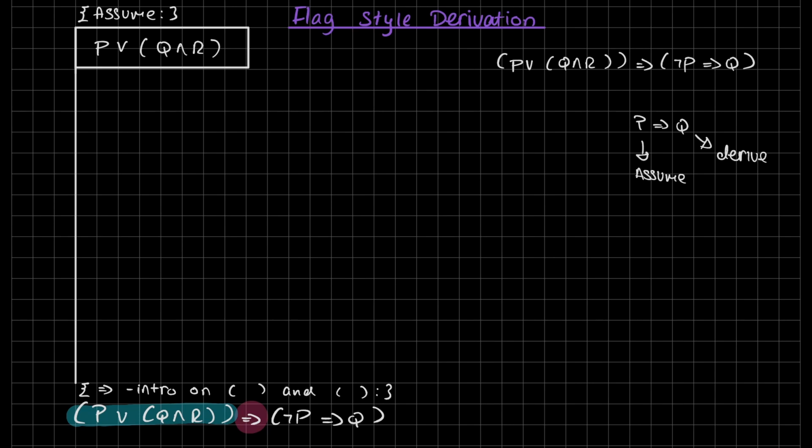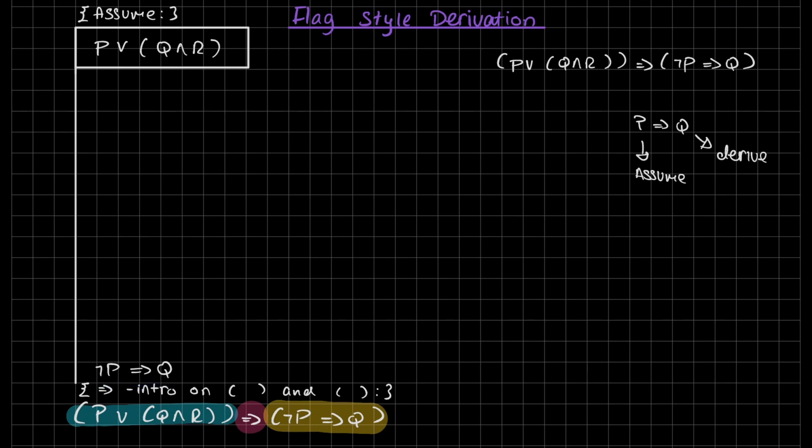So we assume the left-hand side, and we have to derive the right-hand side. The right-hand side is our new goal, so we write our new goal on top here: not P implies Q. You can see that we're using backward reasoning, and we went from this big implication, which is a lot harder to prove, to this simpler one.